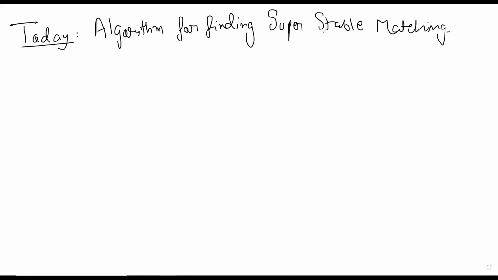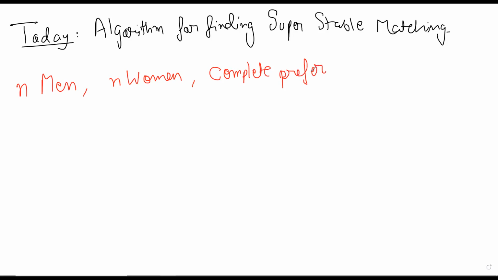First of all, what is this notion of super stable matching? How does it come about? Initially the context is that there are n men and n women, as usual. This is just the language that we use. Each man has a preference list, each woman has a preference list. This is the basic setup of the first stable matching problem.